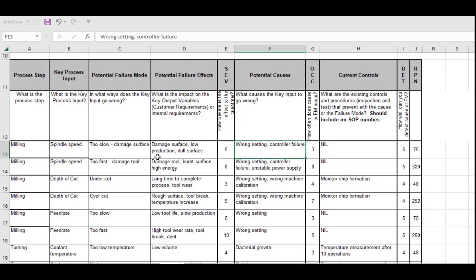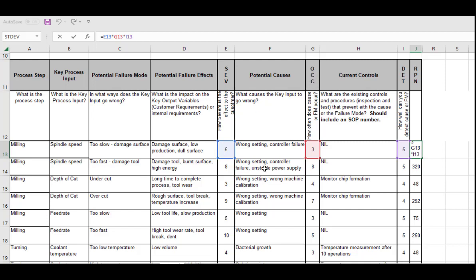Right, so once we have filled in all the required information in the table, we also have the RPN number. Okay, so again, the RPN number comes from the multiplication of severity, occurrence, and detection.